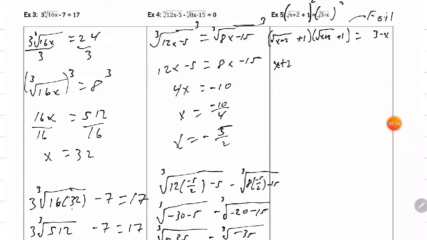And then we're going to do this, which is, well, easy, because anything times 1 is itself. Okay, and then, so we're going to do plus another 1, so there's 2 of them. And then 1 times 1 is 1. And then we're going to do 3 minus x over here.